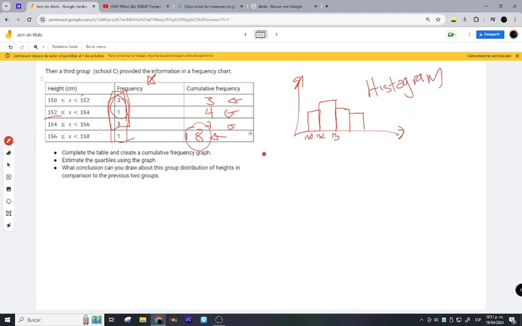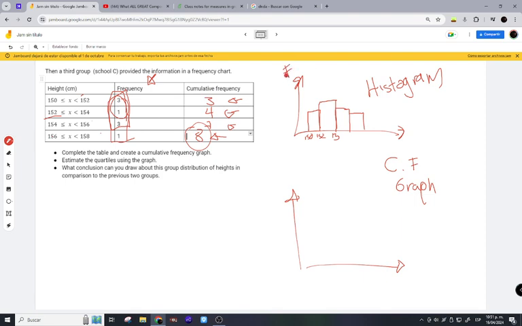But since we want to use a cumulative frequency graph, it's a little different. It has elements in common, but it's not a histogram. It's a cumulative frequency graph. I'm not going to write the whole thing. It's similar in some ways because you also have to label the axes.